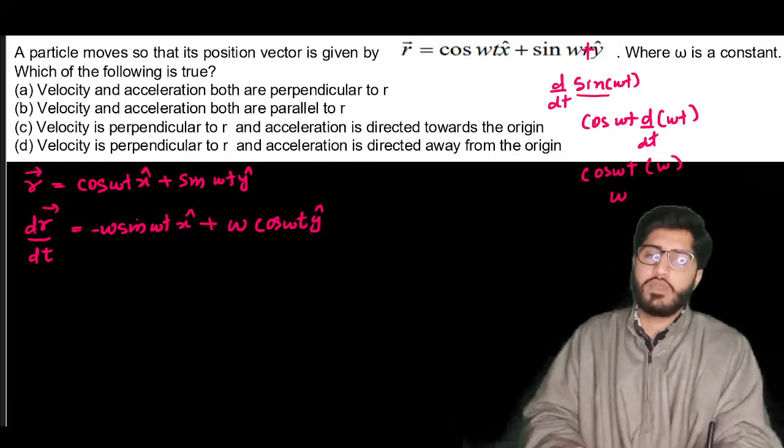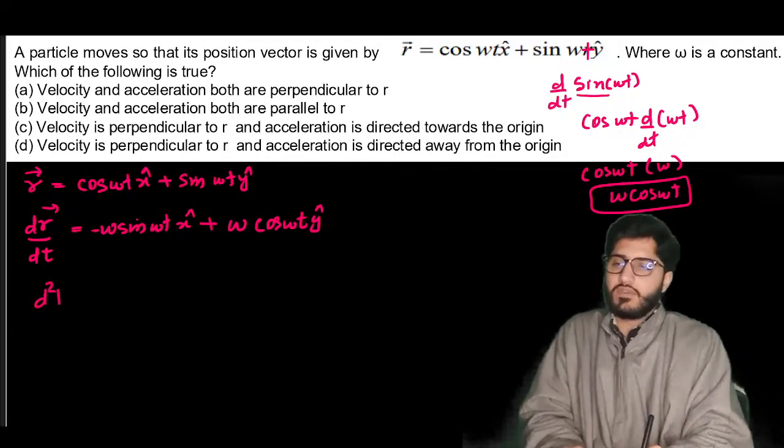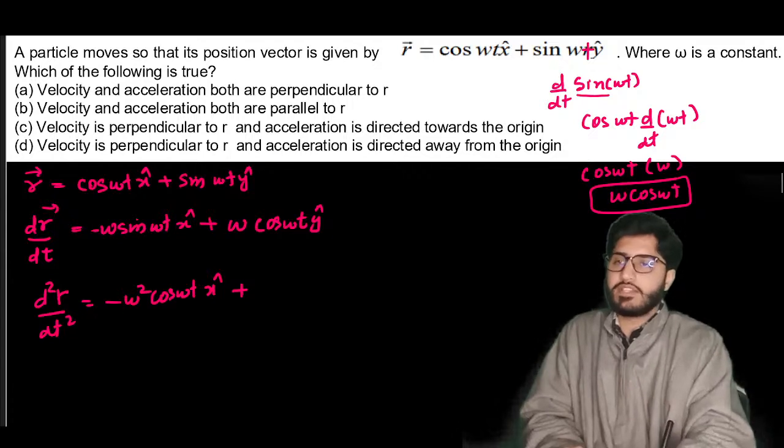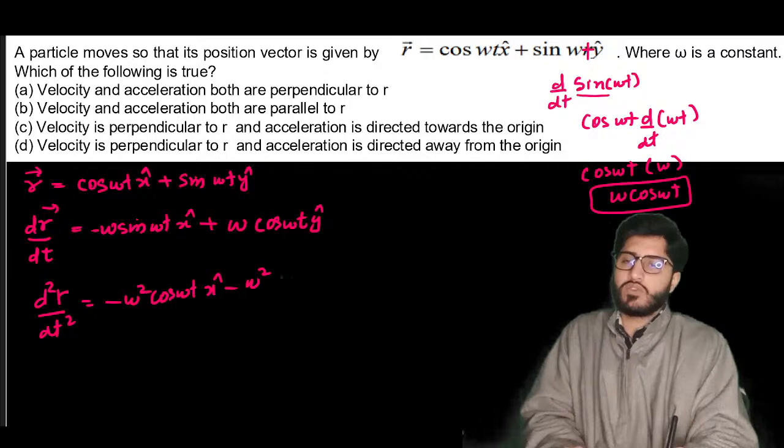That's why I can write omega cos omega t. One differentiation done, then the second. So I will get minus omega square cos omega t x cap plus, that will be minus here also, minus omega square sin omega t y cap.